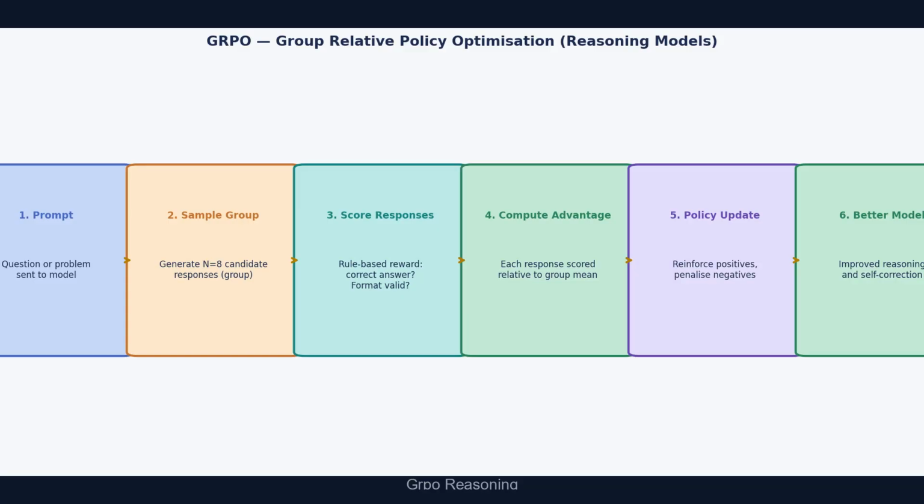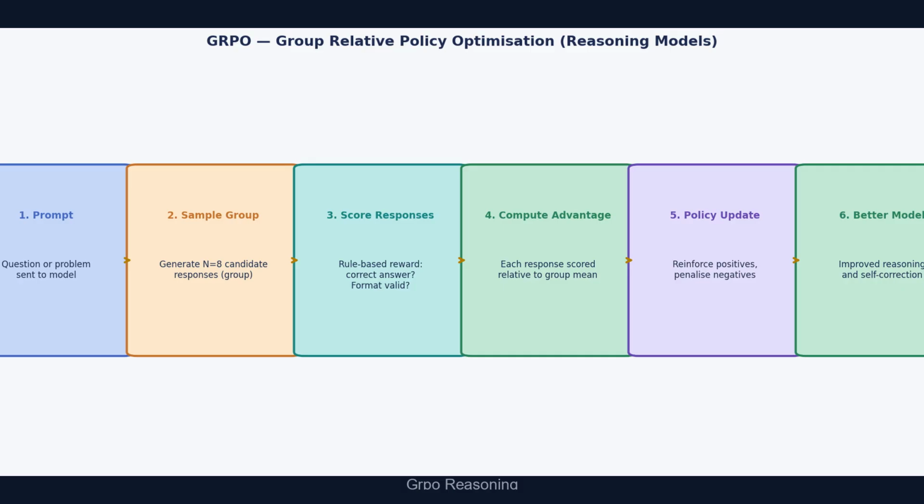This diagram shows exactly how GRPO works mechanically. Start with a prompt, a question or problem. The model generates a group of candidate responses, typically 8 at once. Each response gets scored by your reward function, which checks correctness, formatting, and the presence of reasoning. Then the algorithm computes the advantage of each response, how much better or worse it performed relative to the group average. Responses that scored above average get reinforced.